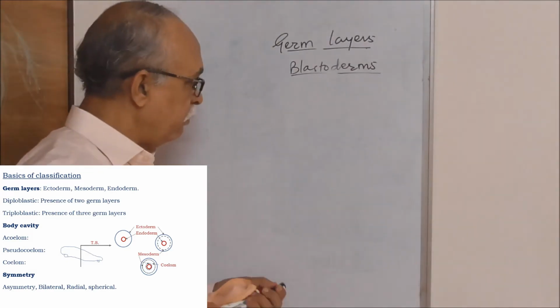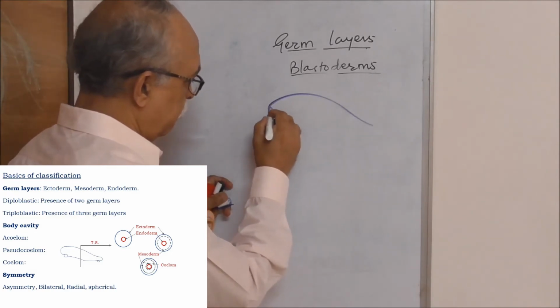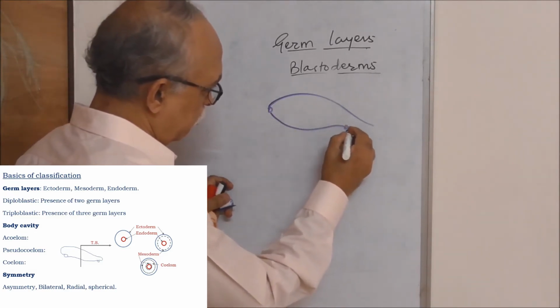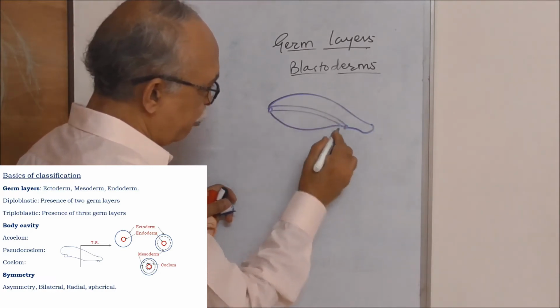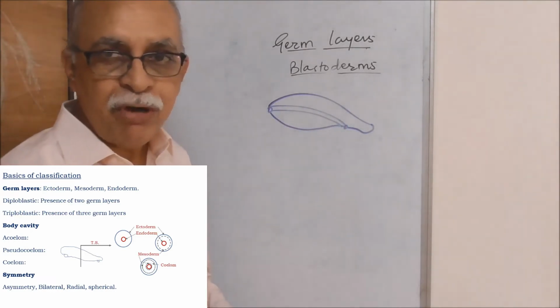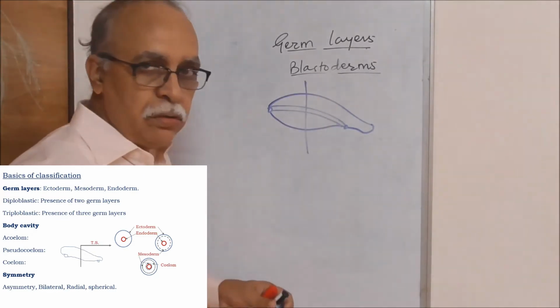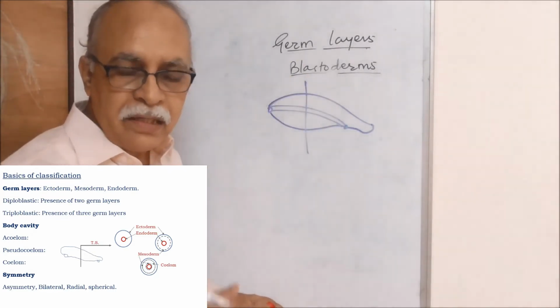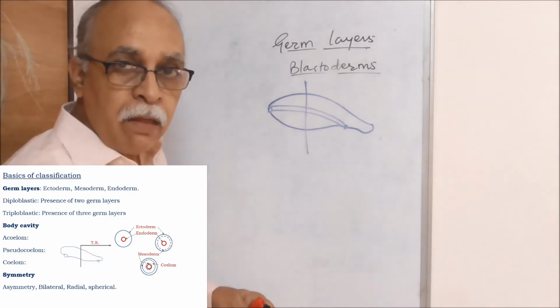Suppose this is some animal, and this is its alimentary tract, digestive system, digestive tract. Now, if I take its section, you can call it vertical section or transverse section.